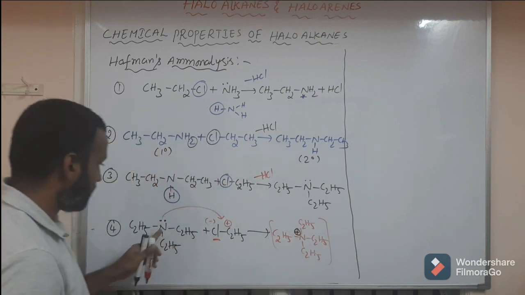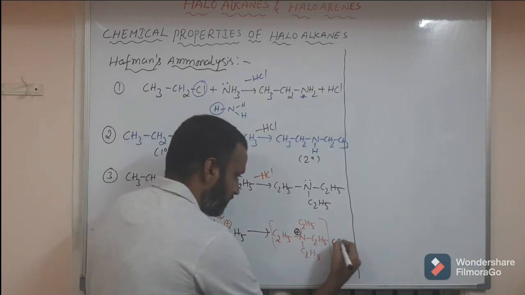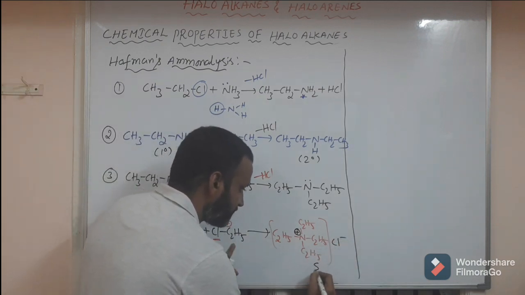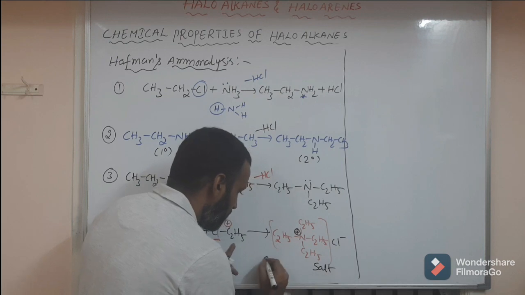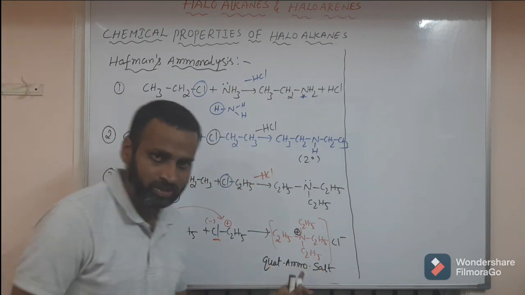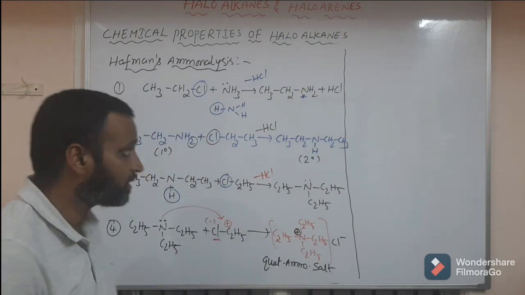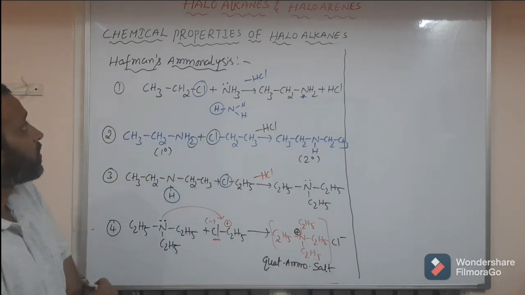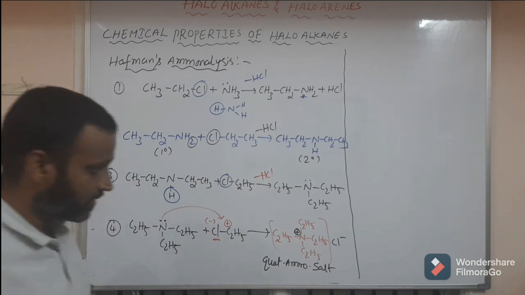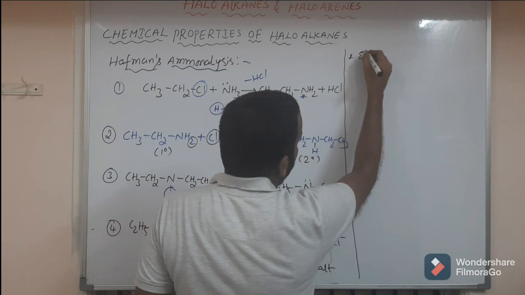Why does nitrogen have a positive charge? Because it donated its lone pair to this carbon. Now here you have Cl minus. This is a salt, a quaternary ammonium salt. I don't have space, that's why I simply wrote quaternary ammonium salt. Got it, sir? So this is called Hoffman ammonolysis. I'll give you a few more reactions. Elimination reactions.